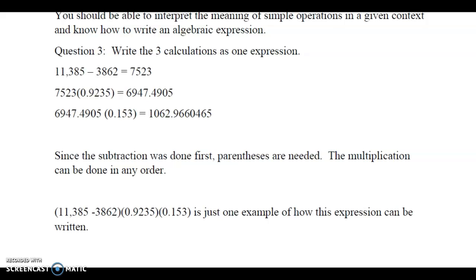And again, since multiplication is commutative, you could change the order of it and you'll still get the same result. Notice that none of the answers that you get in between, these intermediate answers, are shown in this expression. It's just what are the operations that are being done.